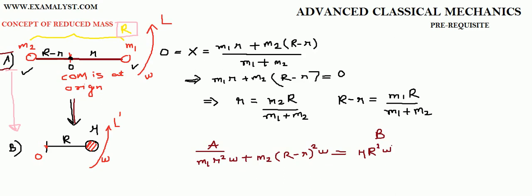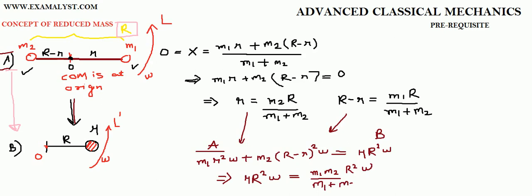Agreed? Now I want you to solve this equation yourself, which is very easy to do. Use these values of r and R minus r here, and you will find mu R square omega equals m1 m2 R square omega divided by m1 plus m2.